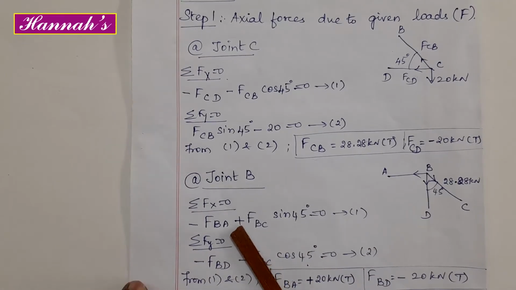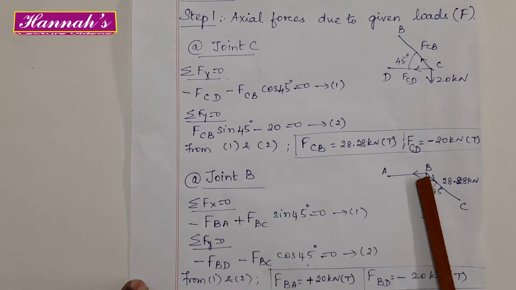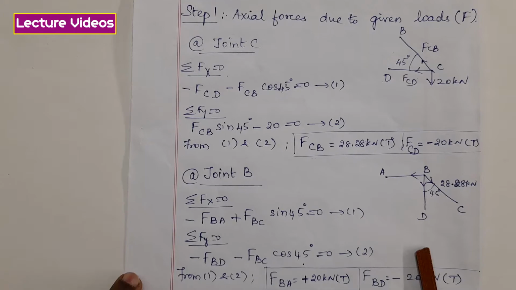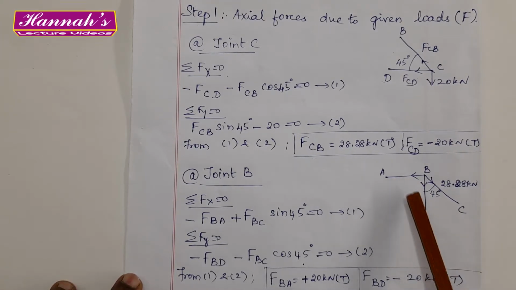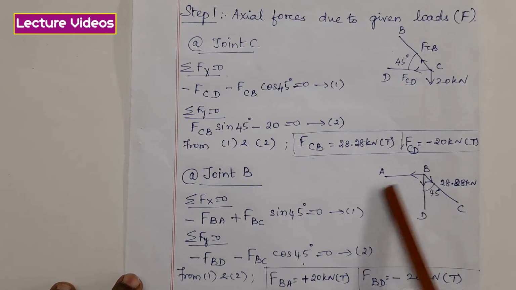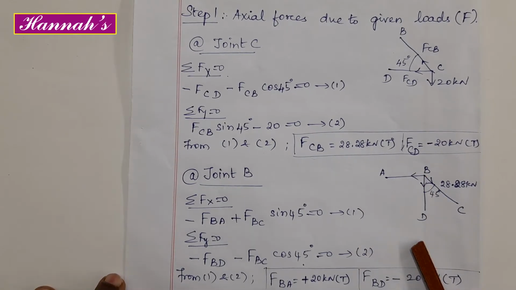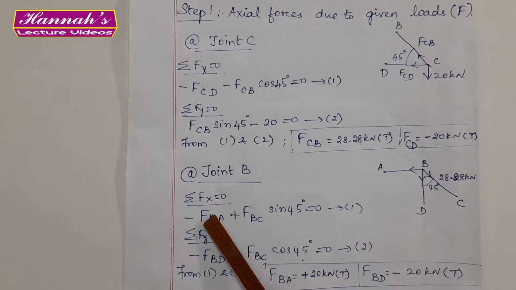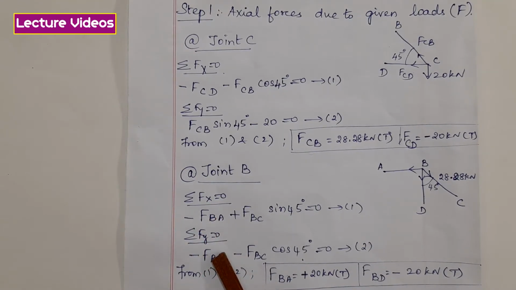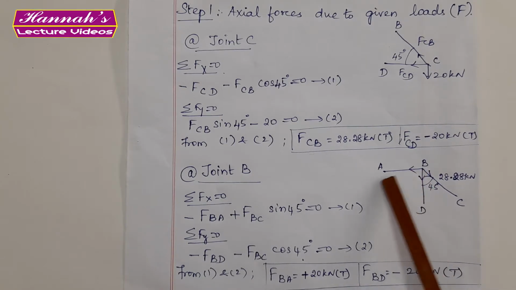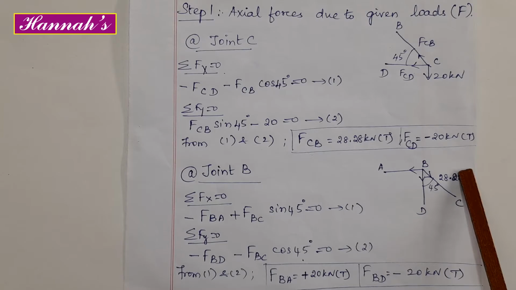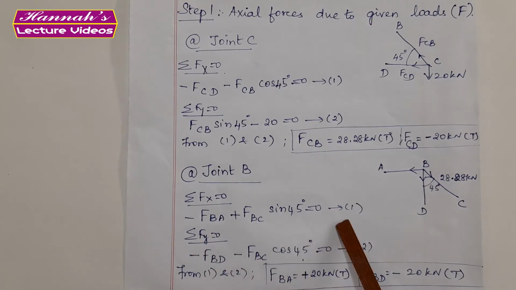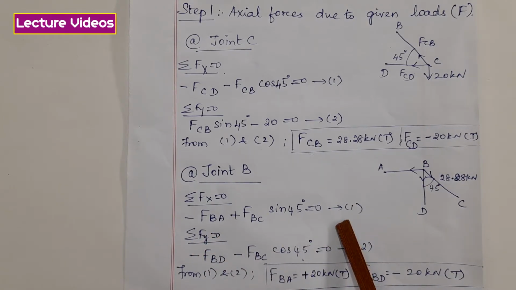Next, I go to joint B. At joint B, there are three members coming out. The value of one member is already known. For the other two members, I have assumed tension to begin with. Then sigma Fx equal to 0 and sigma Fy equal to 0 equilibrium equations are written. At joint B, all member forces, reactions and loads acting in the positive directions are considered to write sigma Fx equal to 0.